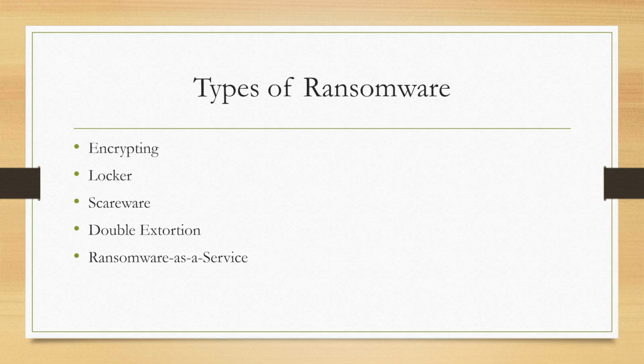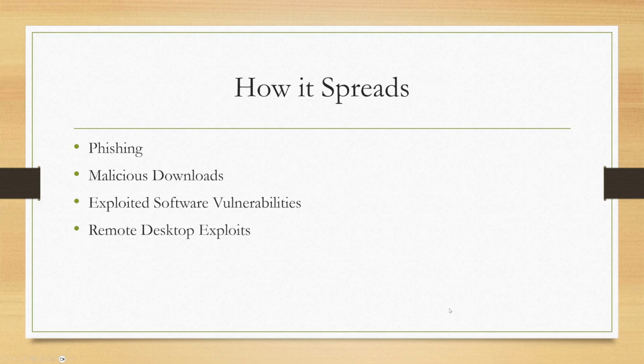And then finally, we now have ransomware as a service, where online cyber criminals create ransomware packages or kits for sale on dark web marketplaces, allowing script kiddies or other people to get involved with ransomware. It spreads by phishing, malicious downloads, exploiting software vulnerabilities, or even through RDP exploits. Any software that's just not patched.